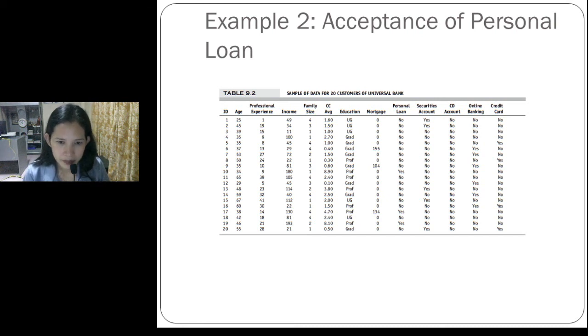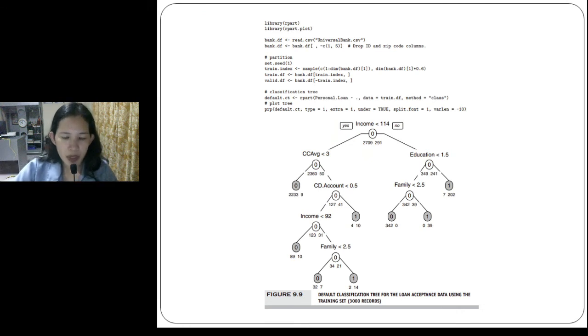This is the script we use to build the classification tree for the loan acceptance data using the training set of 3,000 records. First we use the library rpart and rpart.plot. Then we read the UniversalBank.csv and store it in bank.df.